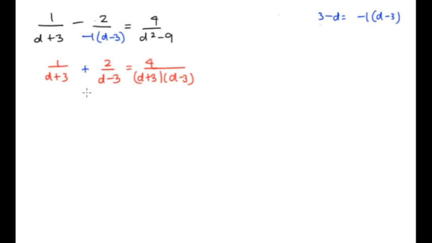Well, I don't like working with these fractions, so I'm going to eventually cancel out the entire denominator from the equation itself, so we're only left with non-fractional numerators. And how do we do that? If all the terms in an equation have the same denominator, we can just cancel that out.